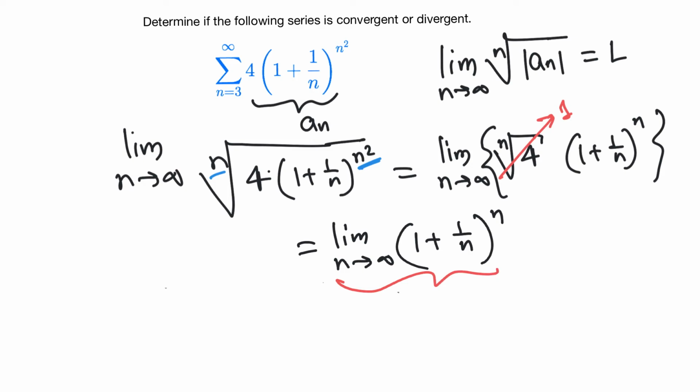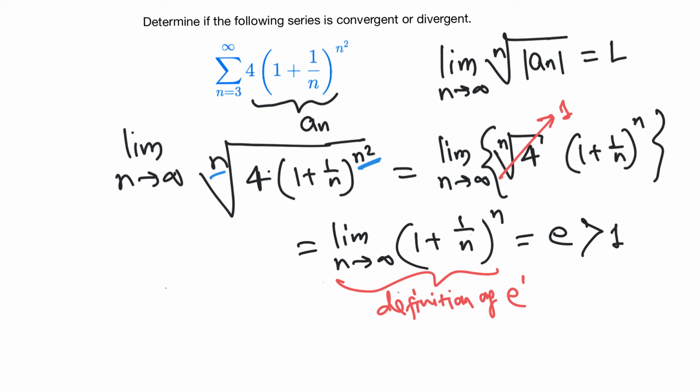This limit is the definition, one of the definitions, by the way, of the number e raised to whatever that is, here 1. So this limit is in fact e raised to 1, or just e, where e is about 2.72, that is bigger than 1.